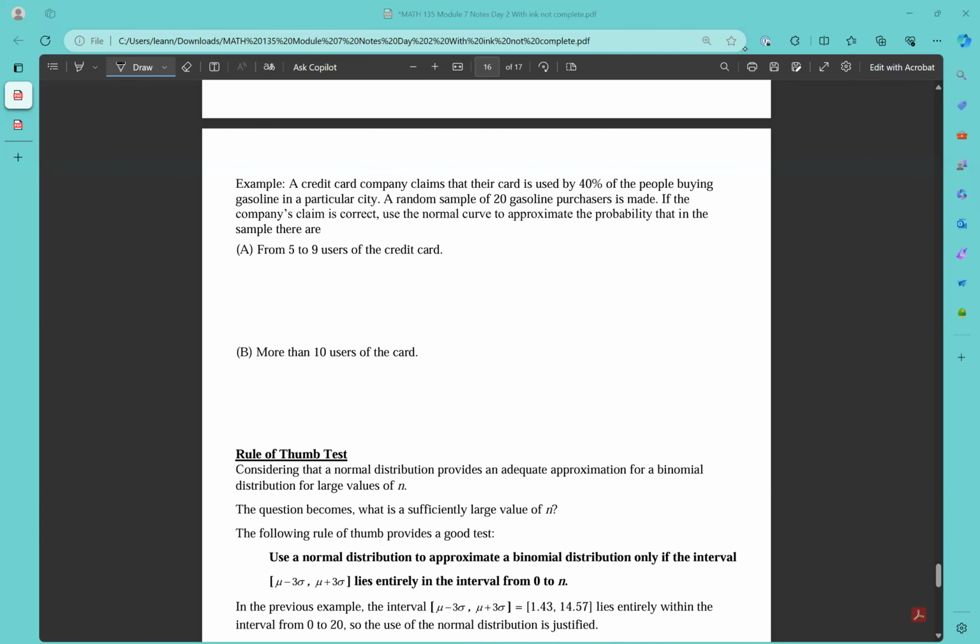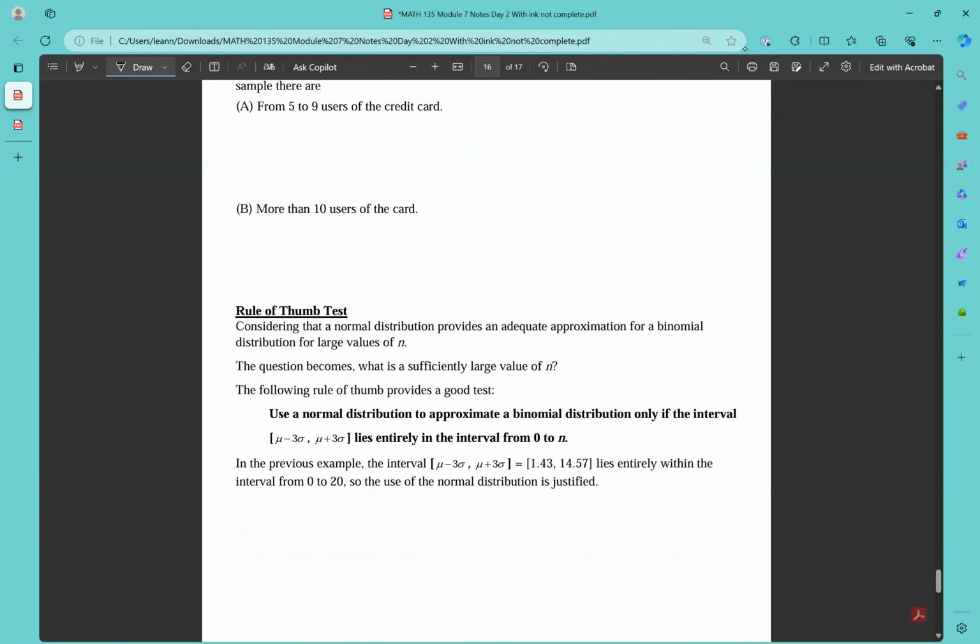Now, for this next example, I'm actually going to skip down and tell you the rule of thumb test first before I do this, because I want to show you that we can check it before we actually do this problem. So essentially this is just when are we allowed to use the normal distribution as an approximation for binomial.